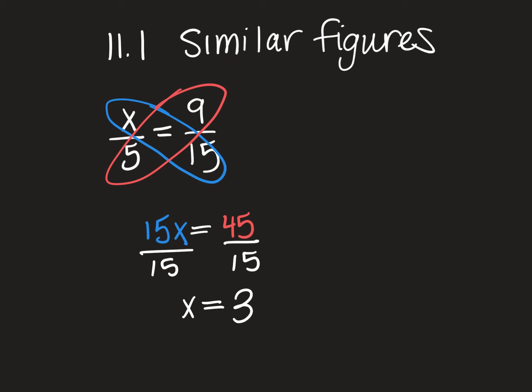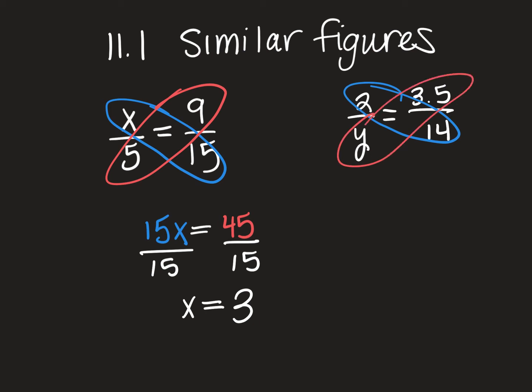This works no matter where your variable is. So let's say we have another example of 2 over y equal to 3.5 over 14. Again, same method. Multiply. I call it cross multiplication. That's what it's most commonly known as. So 2 times 14 is 28.